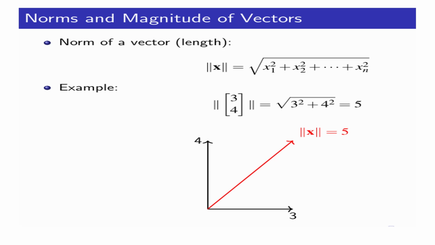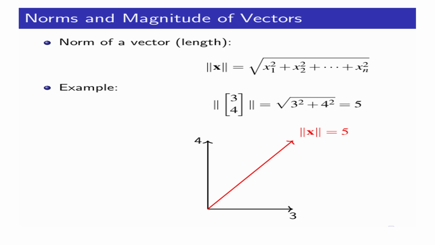Now, what do you mean by the norm of a vector, or the length of a vector? We can find the length, magnitude or norm of a vector using this formula. Suppose x is a vector with components 3, 4. Take the square of the components, that is 3 square and 4 square.